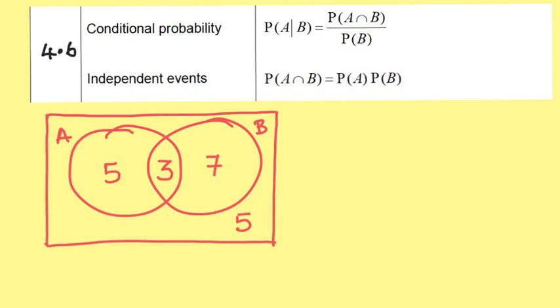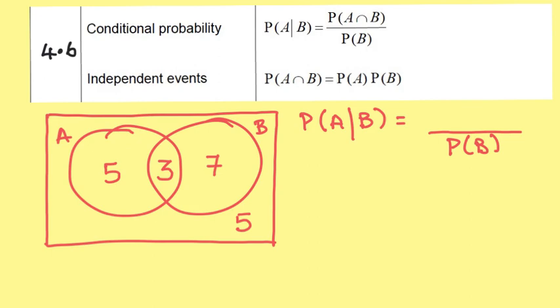And I want to know, what is the probability of somebody liking apples knowing that they already like bananas? Well, I already know they like bananas, so that reduces my sample size. My sample size now is just bananas.